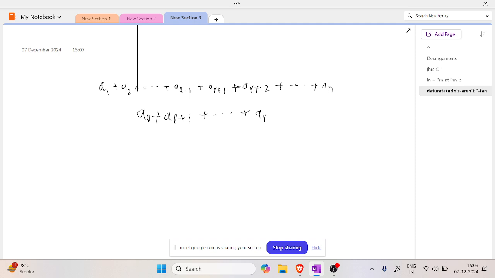But what you can change is BL plus BL plus 1 and so on until BR, and B1 plus BL minus 1 plus BR plus 1 plus BR plus 2 until BN.